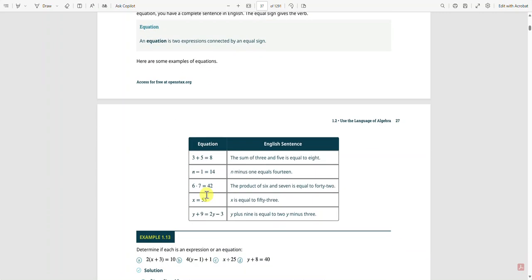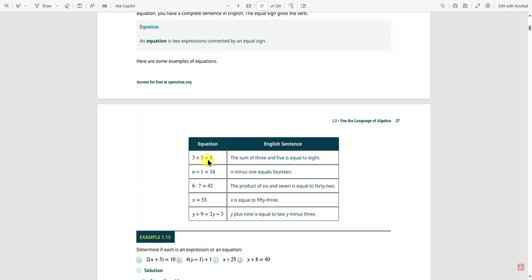So let's look at some examples. Notice we've got a bunch of stuff written in these boxes. But what's really significant is that we've got an expression here, 3 plus 5. We've got an expression over here, 8. And then we've got the equal sign connecting the two expressions and acting like a verb. 3 plus 5 equals 8. 3 plus 5 is 8.